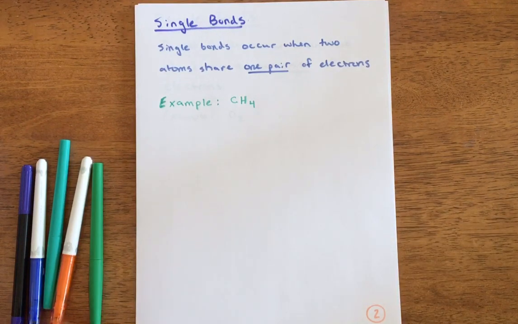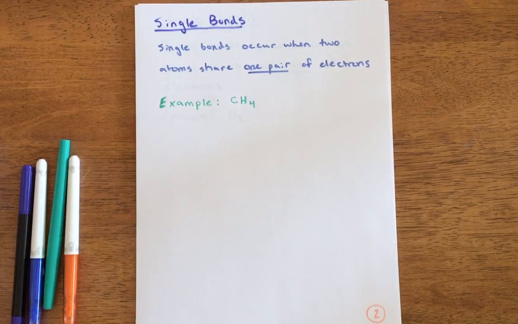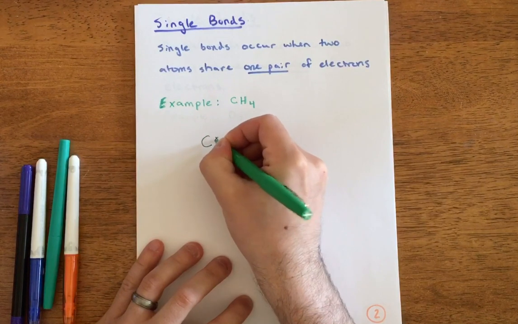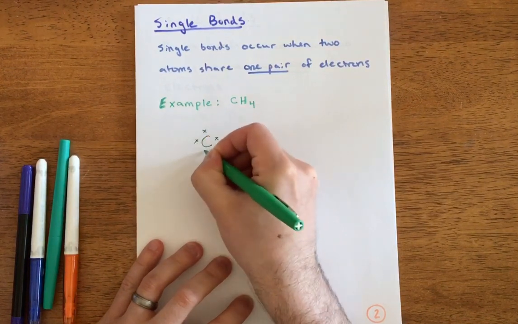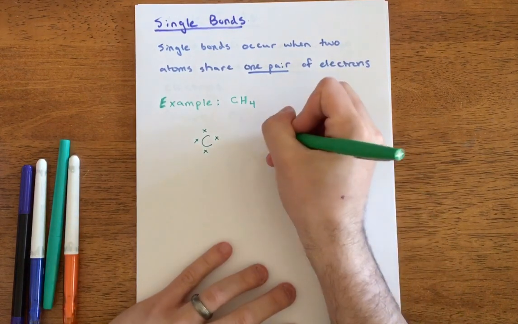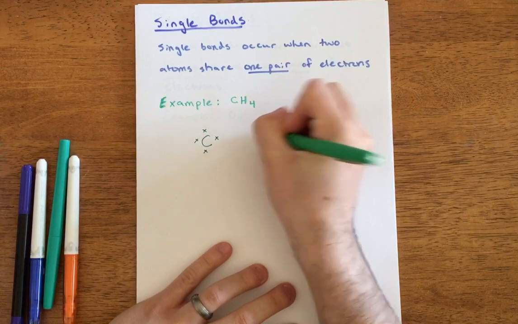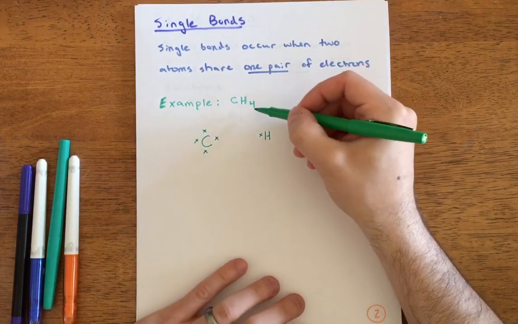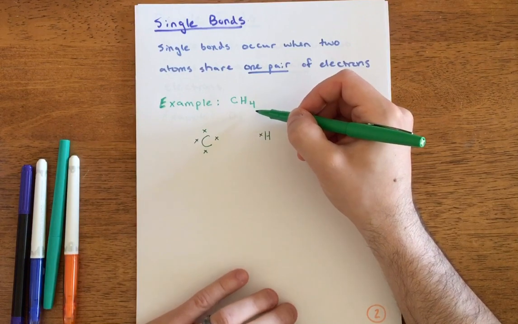From our work, we can draw the Lewis dot diagrams for both of these. Carbon has 4 valence electrons, so its Lewis dot diagram looks something like this. Hydrogen has 1 valence electron, but only needs a total of 2, so we can draw hydrogen like this. We haven't talked a lot about this, but the subscripts tell us how many of each we need.